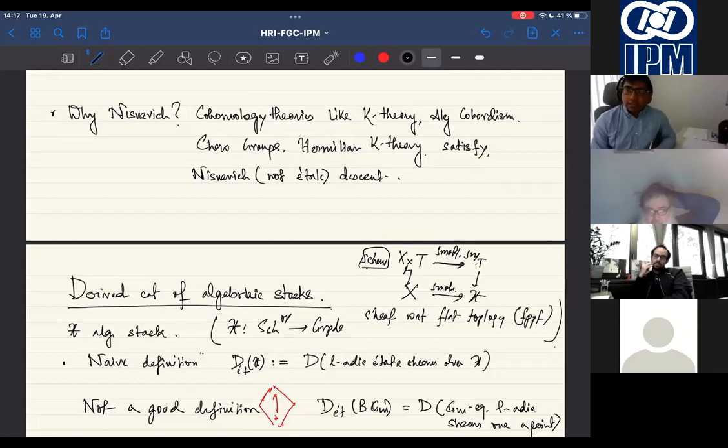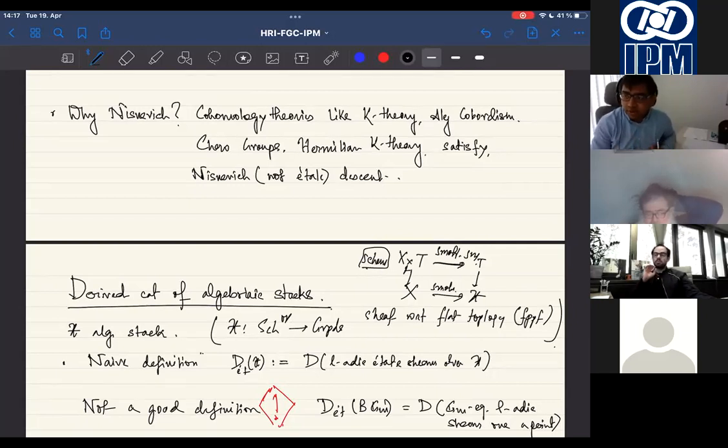So that's the classical definition of an algebraic stack. Examples, to motivate algebraic stacks, are the moduli space of elliptic curves, the moduli space of vector bundles, and classifying stacks of an algebraic group. You can consider all these examples.